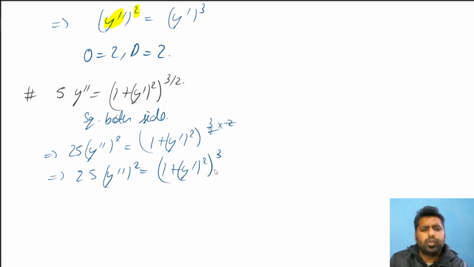Even if I open the cube of this, y dash squares cube, still I'll get a positive power, na? And order and degree will be defined based on this. So I don't have to literally open this a plus b whole cube. Order is highest order 2, degree is also 2. Order 2, degree 2.